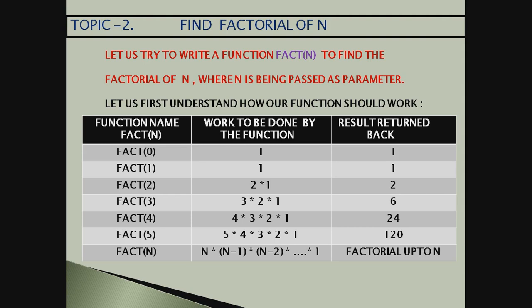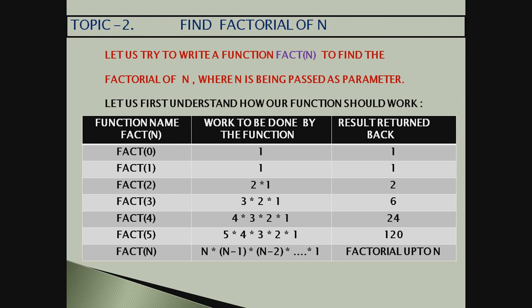If we asked a human brain to find factorial of 3, it would have said, okay, 3 into 2 into 1. Okay, it is 6. But the computer doesn't work in this fashion. The computer works in a different fashion. We'll see in a few moments how the computer does the work.